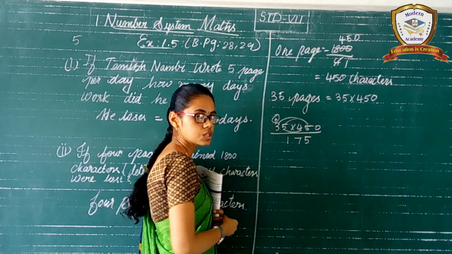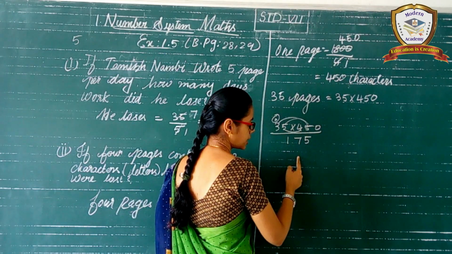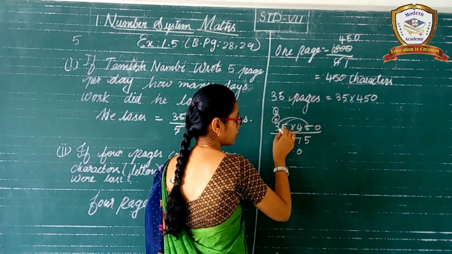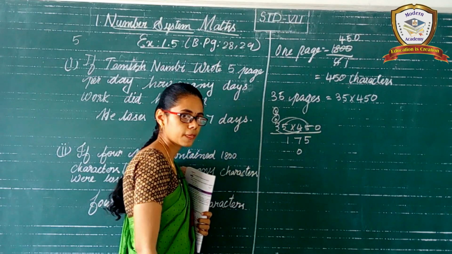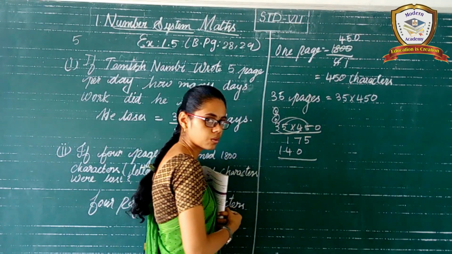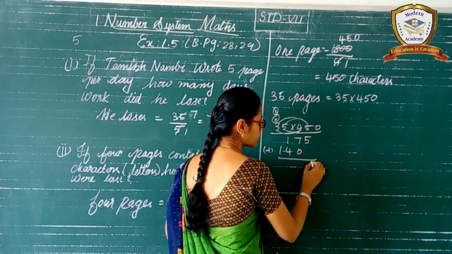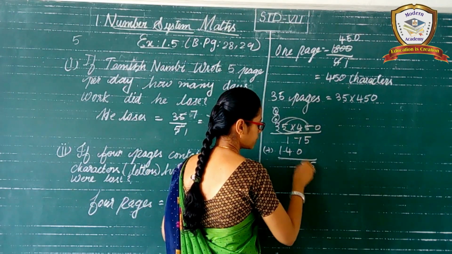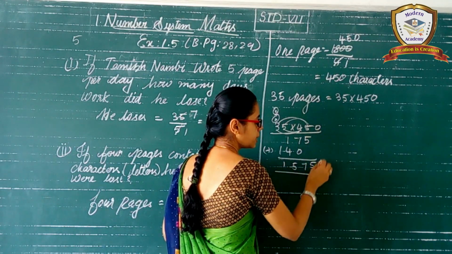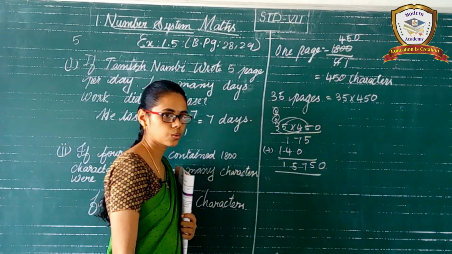And next, go to the next digit. 4 5s are 20. You mention here the tens place. So 0. Remaining 2. Next 4 3s are 12. 12 plus 2, 14. Okay. We have to add 5. 7 plus 0, 7. 1 plus 4, 5. And 1 as it is. So finally we want to add 0.